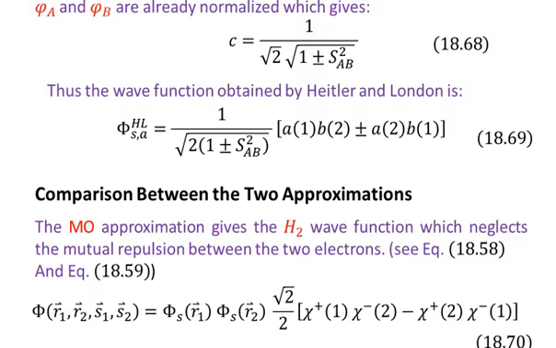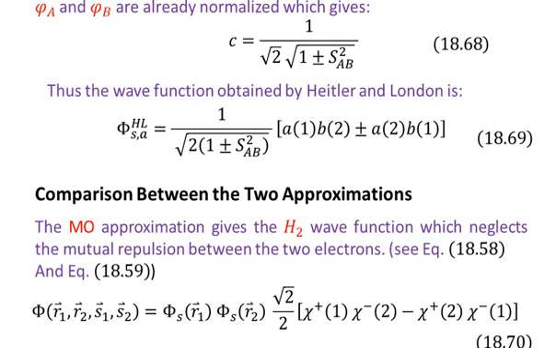Now, comparison between the two approximations. One approximation is the molecular orbital approximation. The other is the Heitler-London approximation, because they are writing wave functions for the H2 molecule and assuming some approximations.